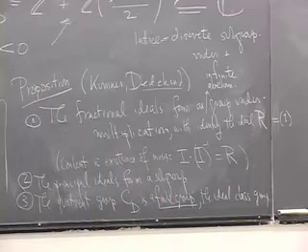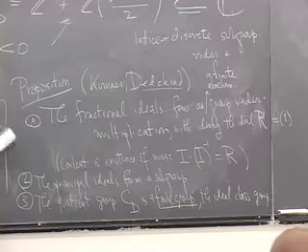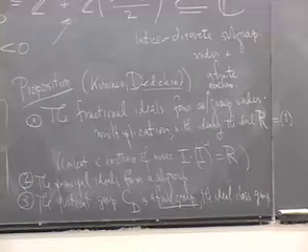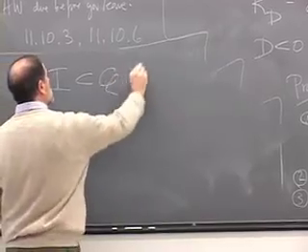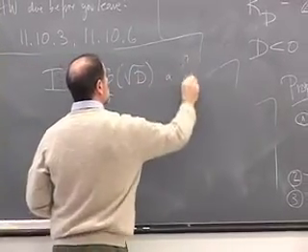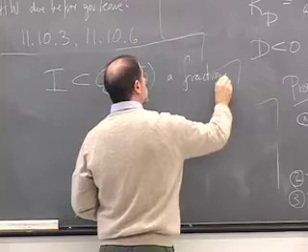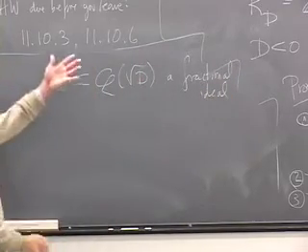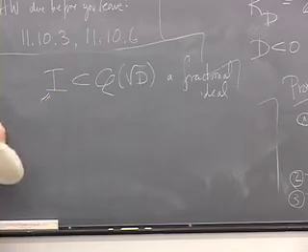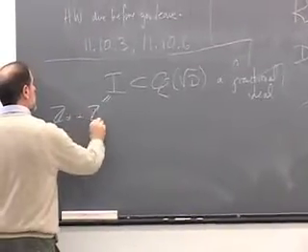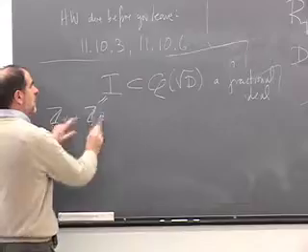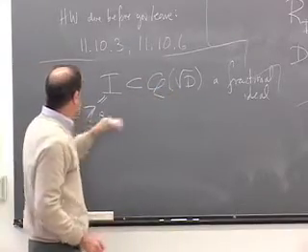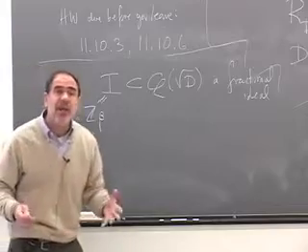That's a good question. Let me just say that very briefly. If you have a fractional ideal, then it has a basis. Again, it's one of these lattices. So it looks like Z alpha plus Z beta, where alpha and beta are in this field. Alpha and beta are numbers, so they have a fixed denominator.